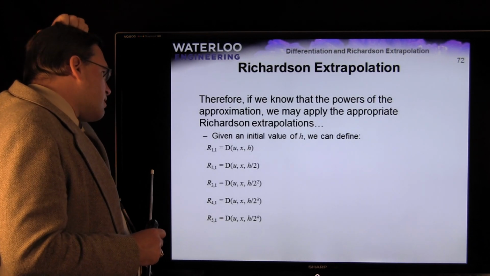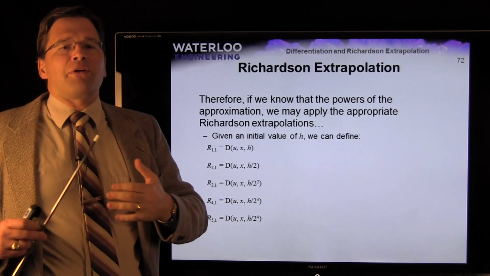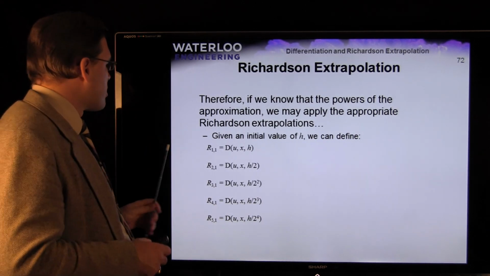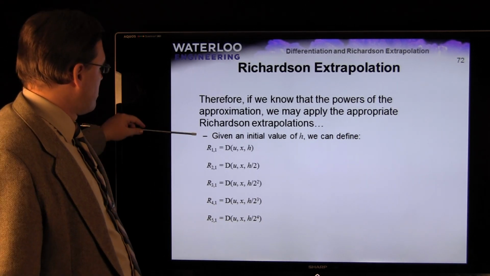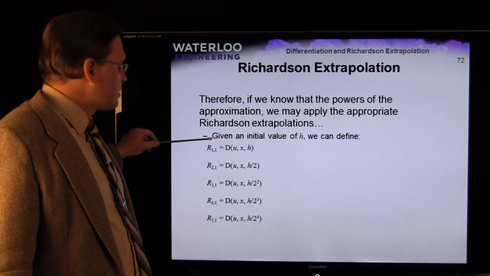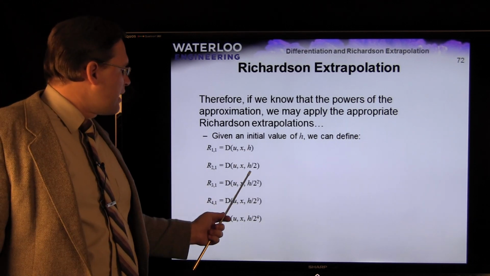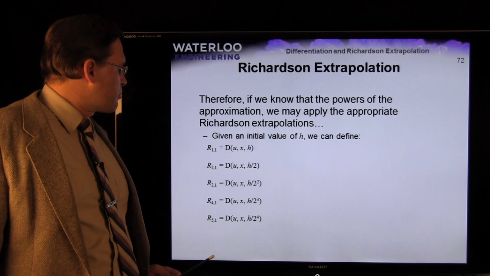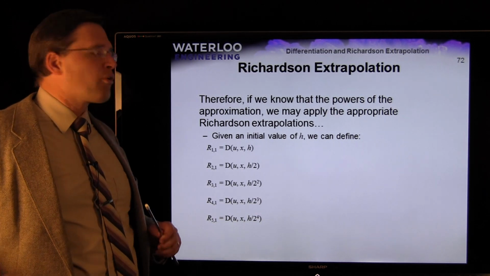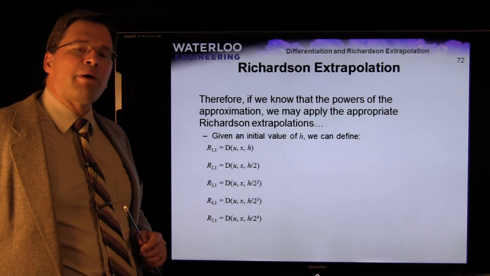All right, so how can we use this to find better and better approximations of the derivative? Well, suppose that we have our initial approximations of the derivative using h over 2, h over 2 squared, h over 2 cubed, and so on, each time dividing h by a factor of 2.